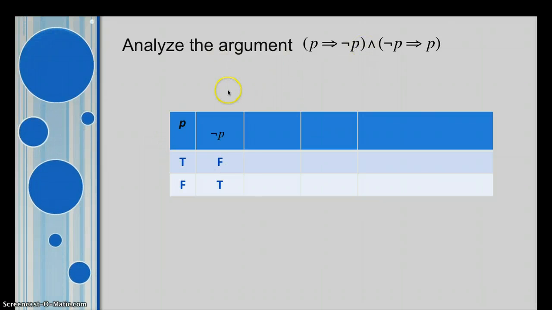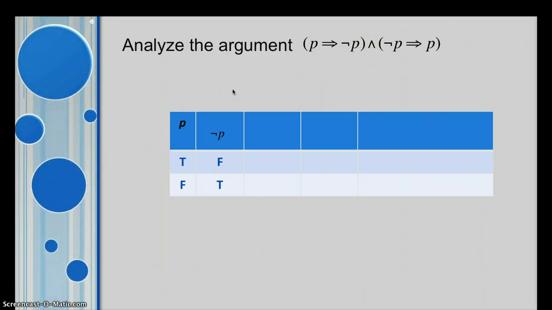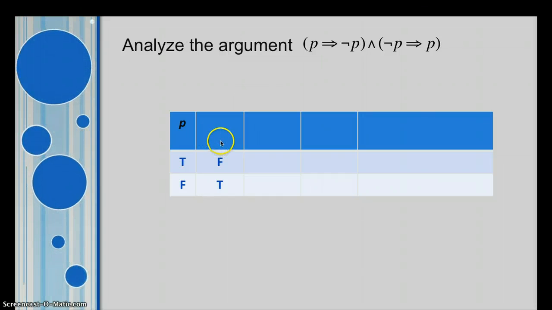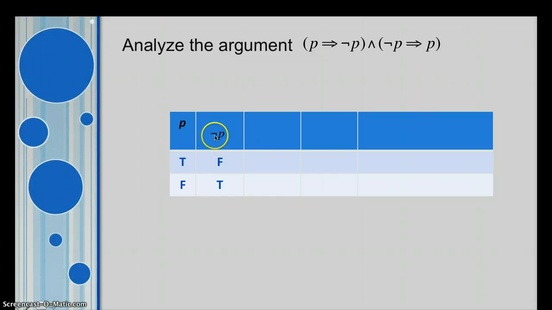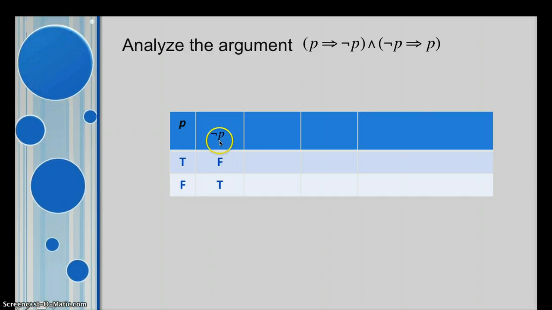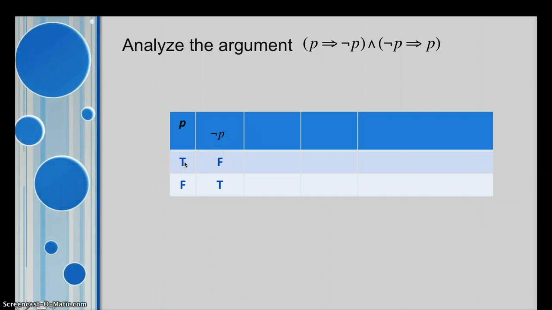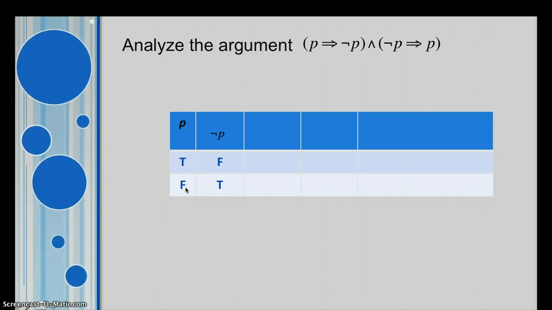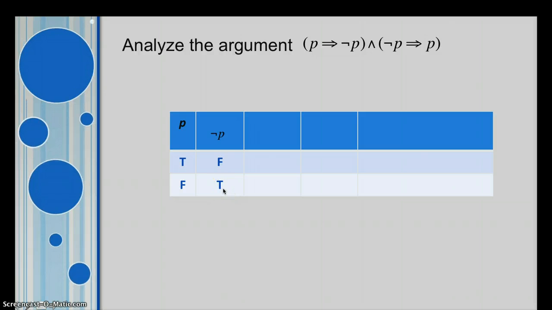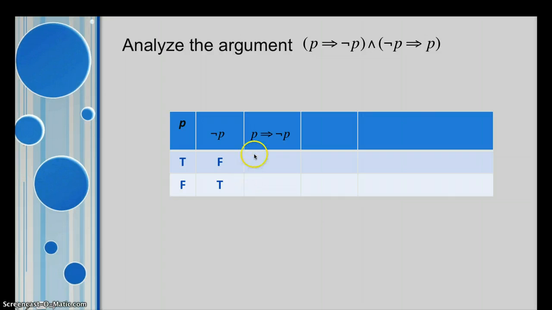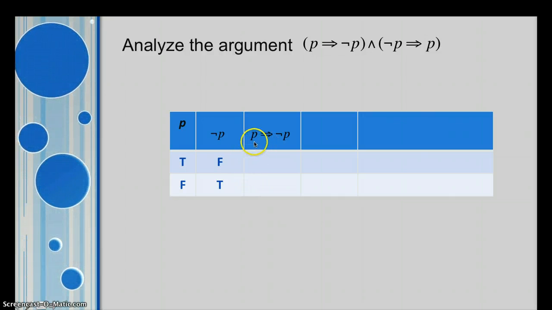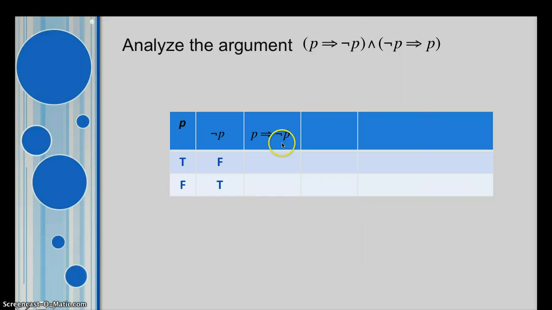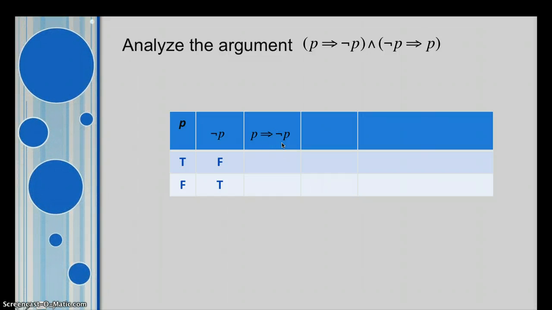As you can see here, when your proposition is true, when you negate it, it becomes false. And when your first proposition is false, when you negate it, it becomes true. Now if we add the if-then, so if P, then the negation of P. Remember the truth table for implication.